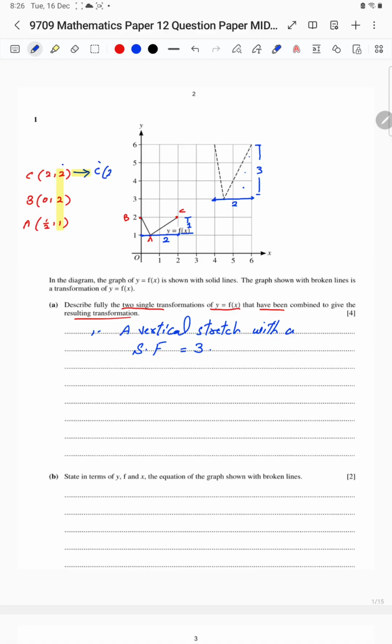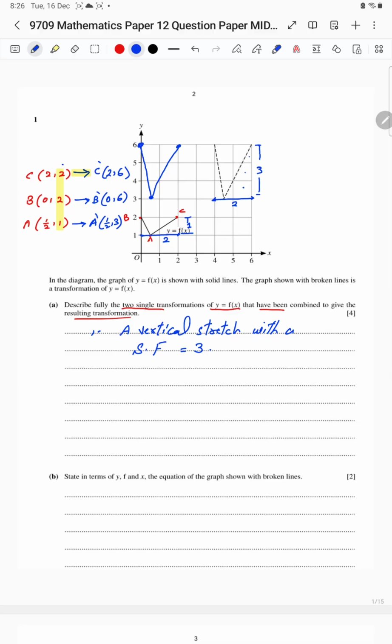C prime becomes (2, 6), since 2 times 3 is 6. B prime, the new image of it, will be (0, 6), and A prime will be (1/2, 3). So let's see where these points will be located. (0, 6) is here. I will plot it here, and then (2, 6) is here as well, and (1/2, 3) will be here.